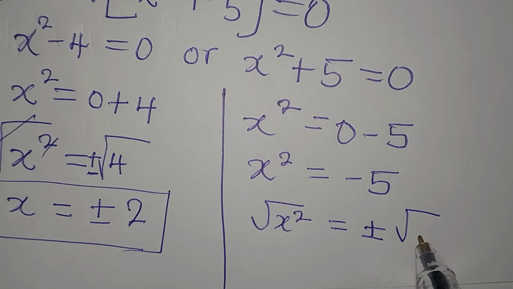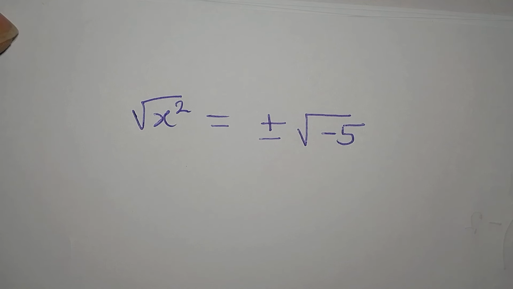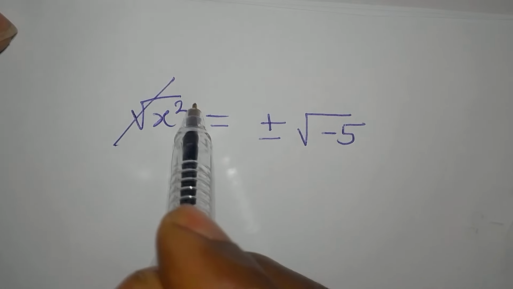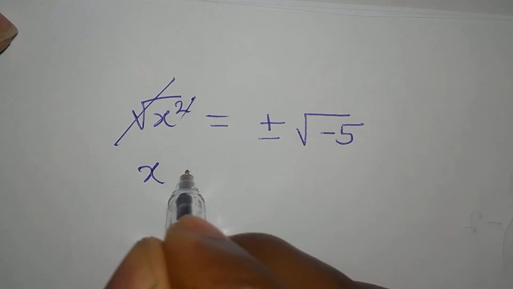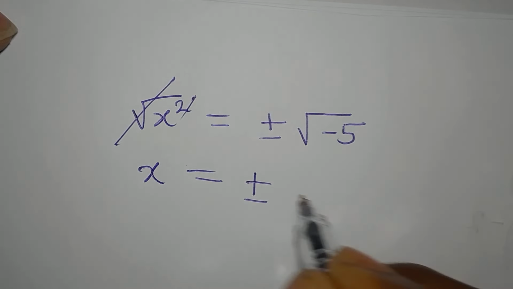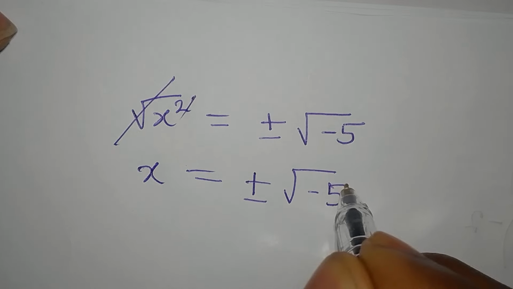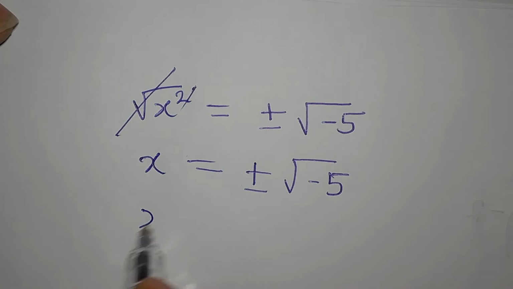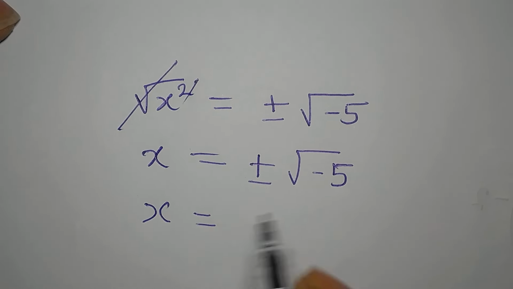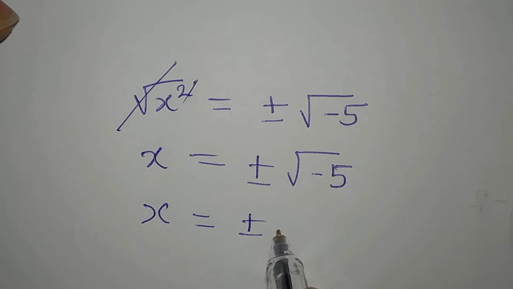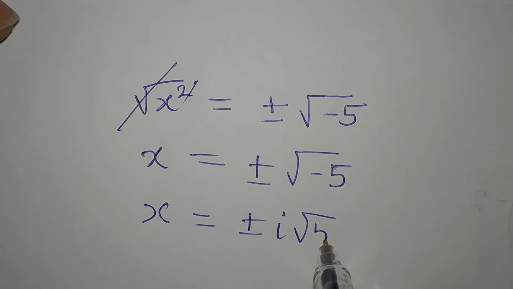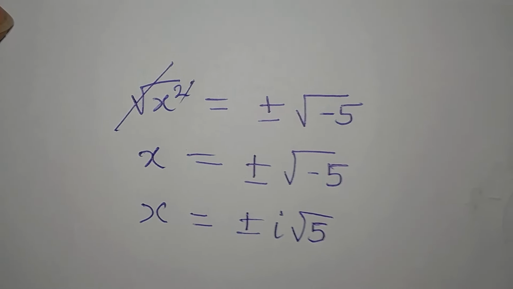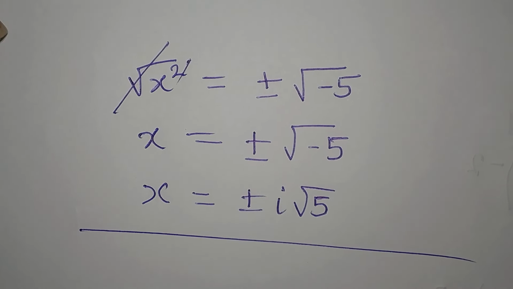So we have the square root of negative 5, right? Let's continue. We now have x equal to plus or minus the square root of negative 5. And this is the same as x being equal to plus or minus i root 5 because of the negative in there.